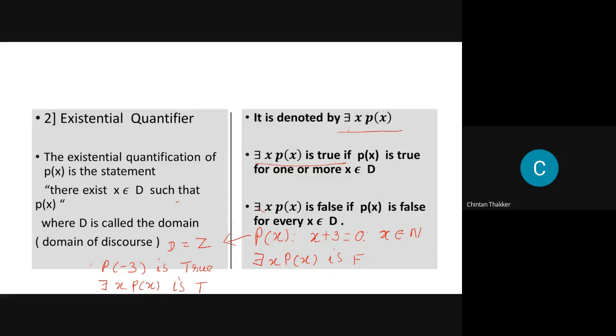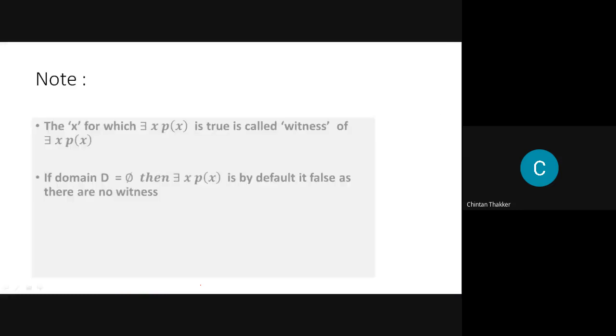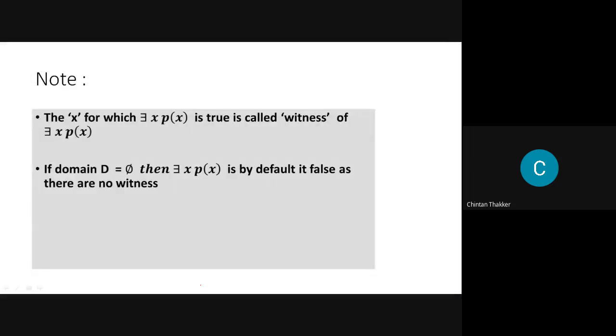Okay. Now in a universal quantifier where P(x) is false, that x is called a counterexample for for all x P(x). Here, if P(x) is true, then x is called a witness of there exists x P(x). In the universal quantifier, if the domain is phi, then for all x P(x) is true by default.